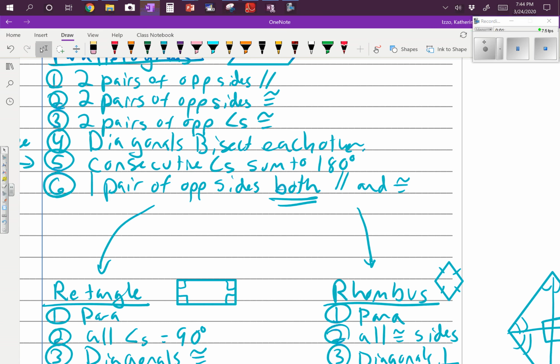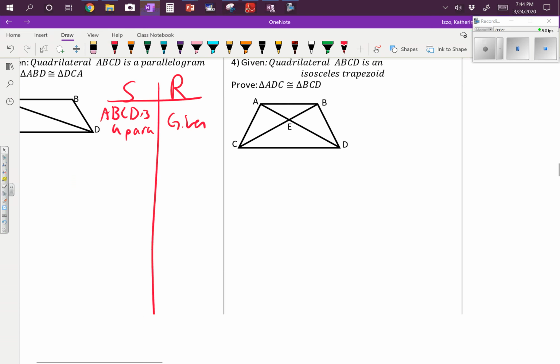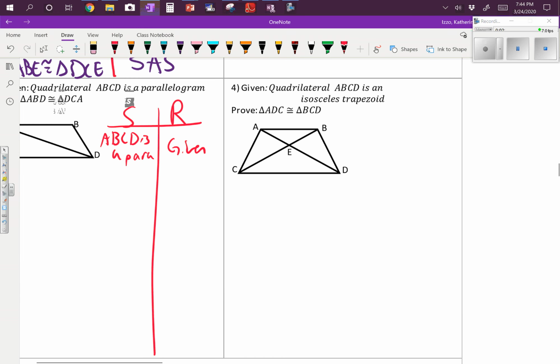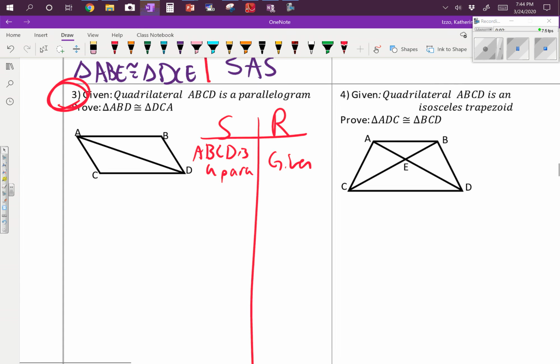I would prefer to use number 2, though. I mean, you can be like Squirrel and use number 1. That's fine. I would prefer to use number 2. Number 2 is easier for me. A parallelogram has two pairs of opposite sides congruent.